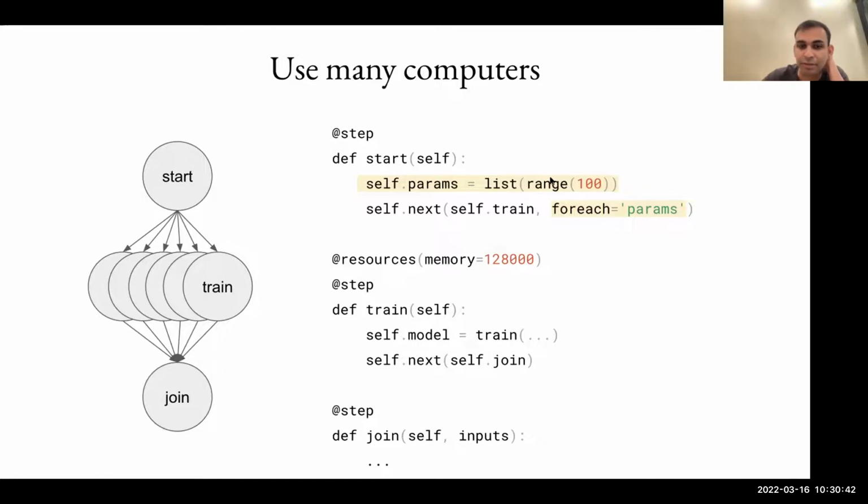What that allows you to do is very trivially launch this workflow, and this workflow will run your first step on your workstation, and then it will run 100 containers in your cloud, and each of those containers will train this model. And then the next step can still just run on your laptop, and you can collect all of the 100 models that you have trained and then decide what to do next. So you can very easily use many computers, and all this while your workflow is still getting launched from your workstation.